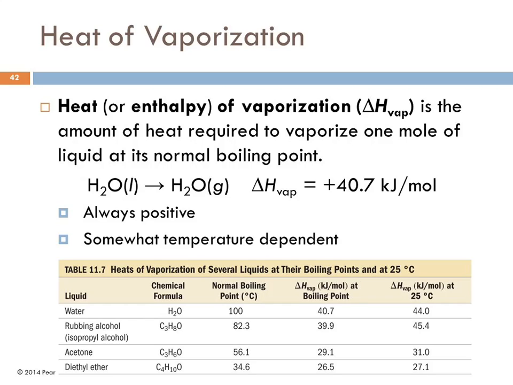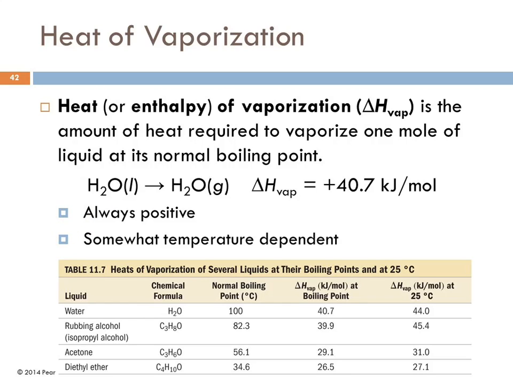The heat, or more properly, the enthalpy of vaporization is just the amount of heat required to vaporize 1 mole of the liquid at its normal boiling point. And so to vaporize water from the liquid to the gas, you're going to have to put in 40.7 kilojoules per mole. This is always going to be a positive number because it has to go in.